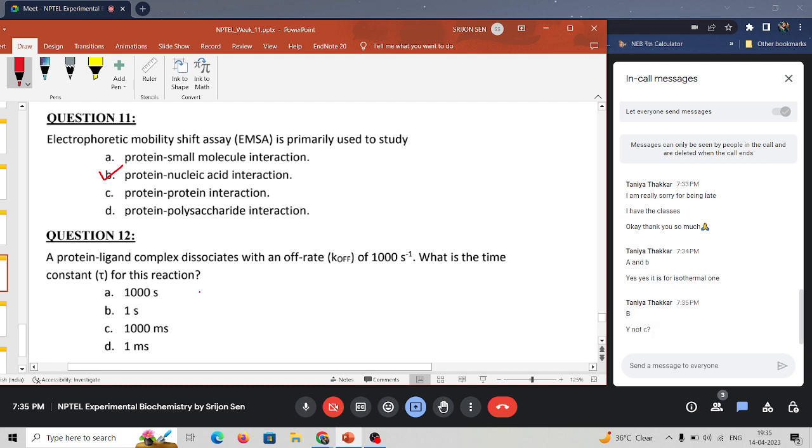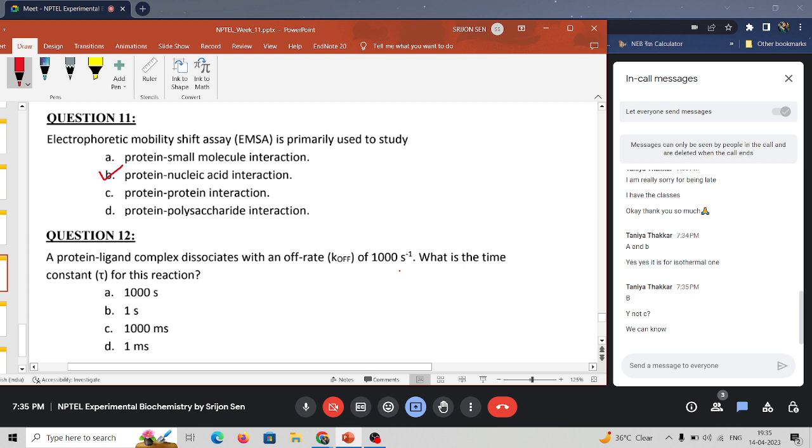A protein ligand complex dissociates with an off rate of 1000. So see, when we are performing EMSA, we are doing it for protein nucleic acids.